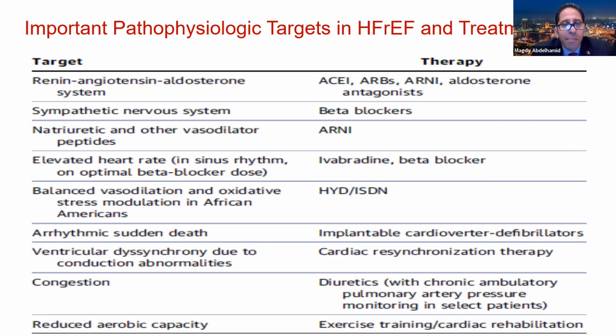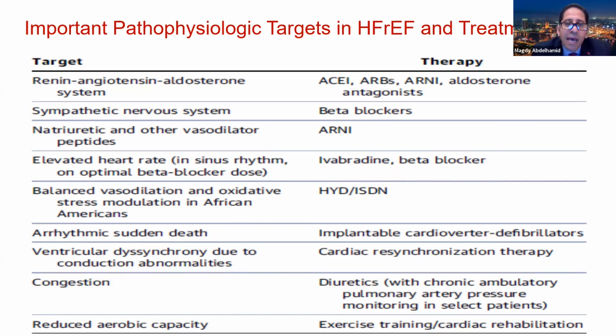And for some patients, we might need the combination of hydralazine and isosorbide dinitrate, balanced vasodilation and oxidative stress modulation, like in African Americans. And prevention of sudden death is important, so we have to consider the implantation of ICD.